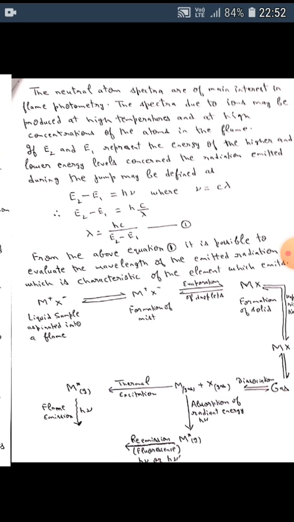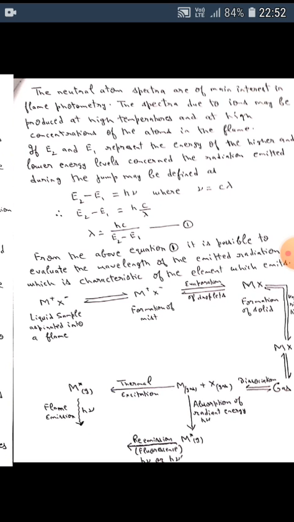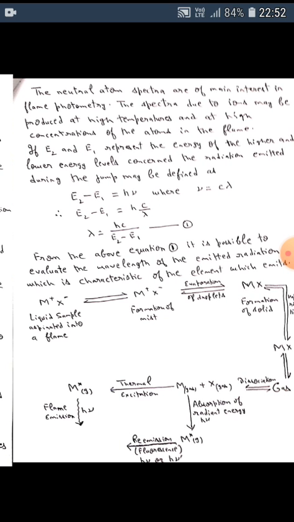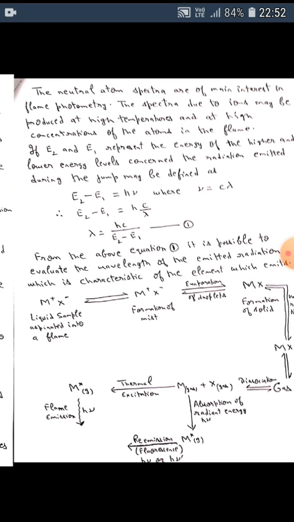We can call it equation number 1. From equation number 1, it is possible to evaluate the wavelength of the emitted radiation. Now, this radiation is characteristic of the element which emits. The intensity of radiation corresponds to the amount of element which is present in the flame.